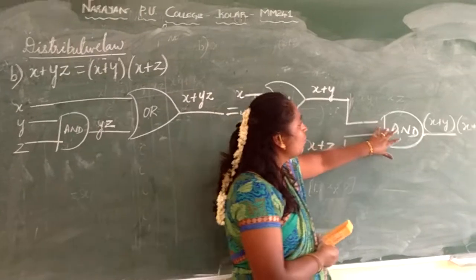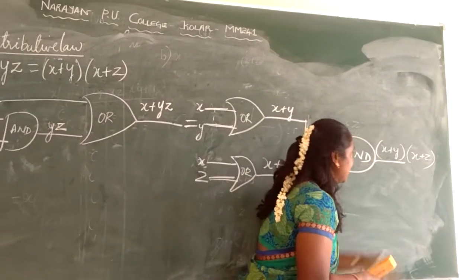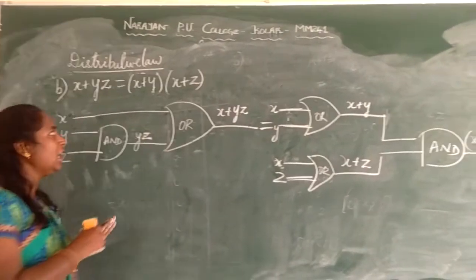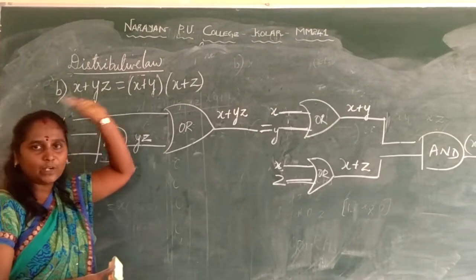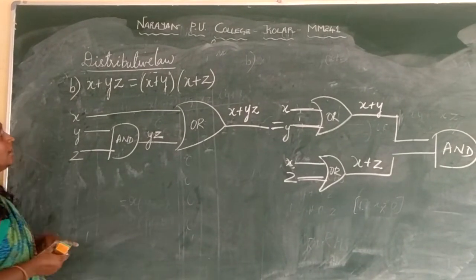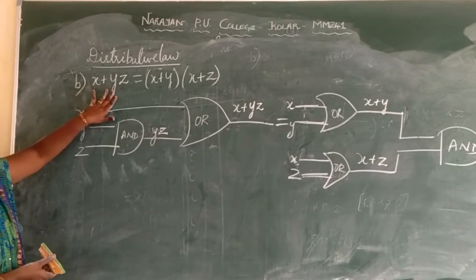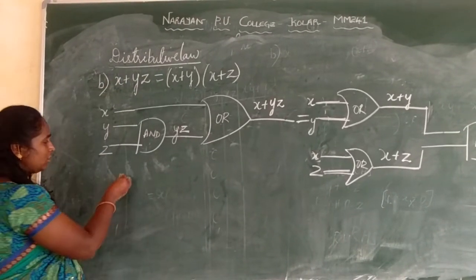That is one AND gate, x plus y into x plus z. As we proved this theoretically, the LHS is equal to your RHS. So here, this particular rule, your second rule, is the dual of your first rule. What is your first rule?